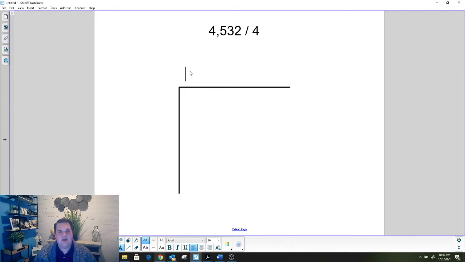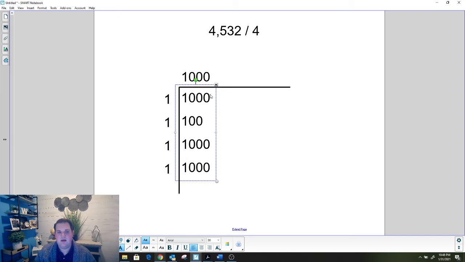All right, let's do this. I'm doing fair share, so I'm going to put ones on the side for all of that 4 that's in the divisor here. And I'm going to start by putting 1,000 inside each group. So there's 1,000. Oops, I made a little mistake here. I need another 0 for my 1,000 here.